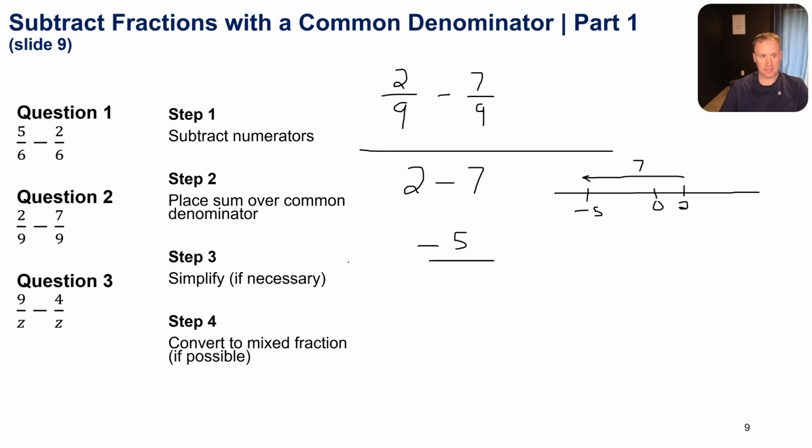I then place this difference over the common denominator, which is 9. So I now get negative 5 over 9 as my result. I can then ask myself, can I convert this to a mixed fraction? In this case, 5/9 is a proper fraction. It's not an improper fraction, so I can't convert it. So this is my result here.